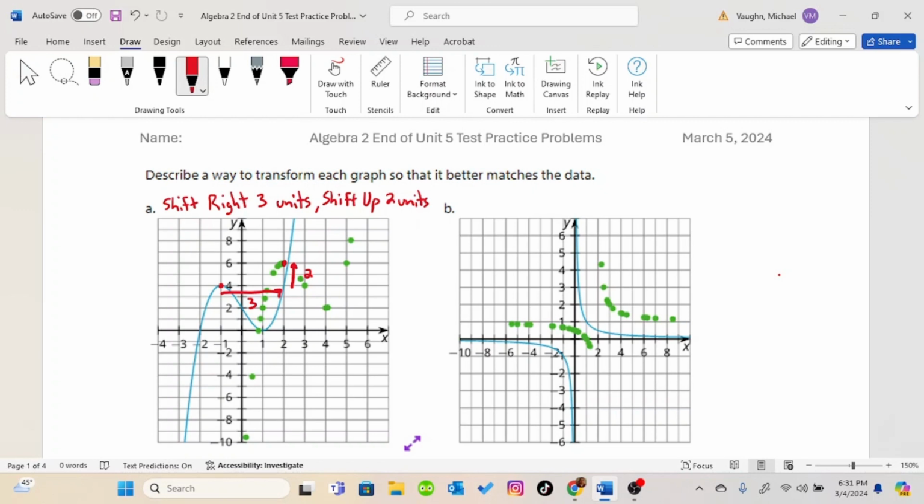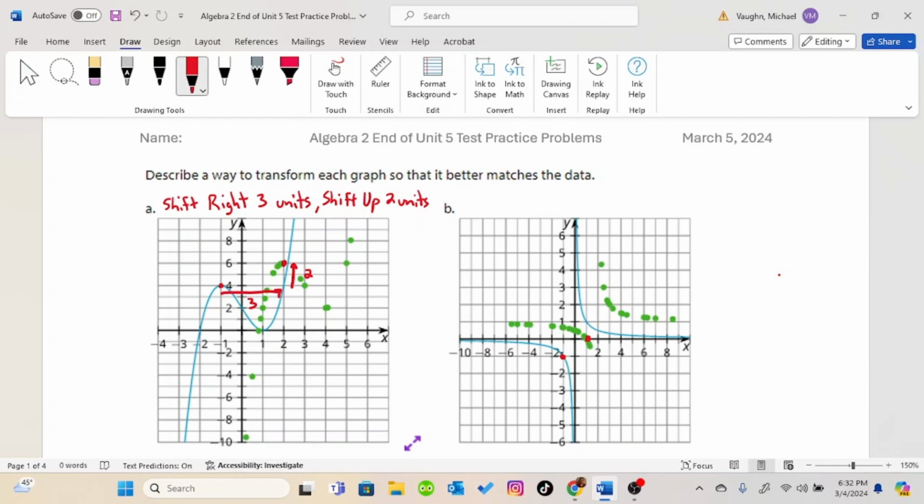Now we're looking at B. Again, I want to find somewhere right on a crosshair that I can identify a good point with the green dots that would also be right on the crosshair. So I'm going to select this point at x equals -1, y equals -1, and I'm going to identify its corresponding point right here at x equals +1, y equals 0.